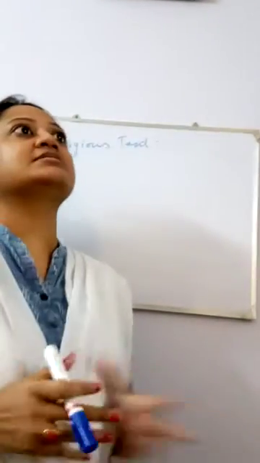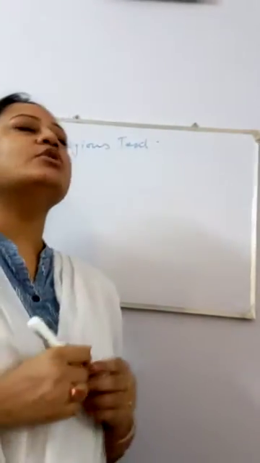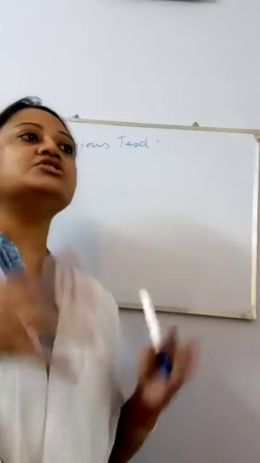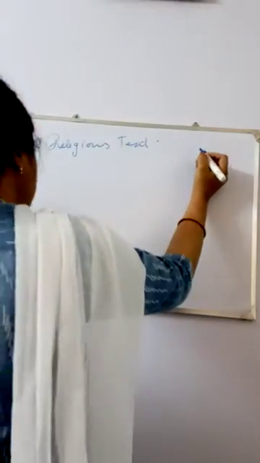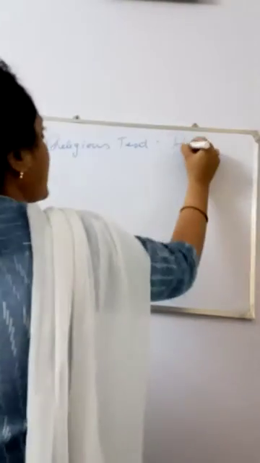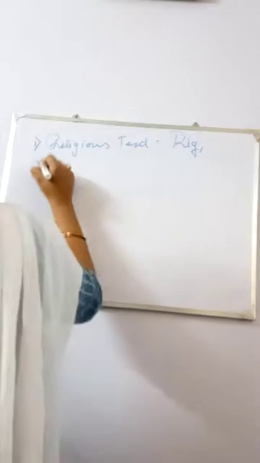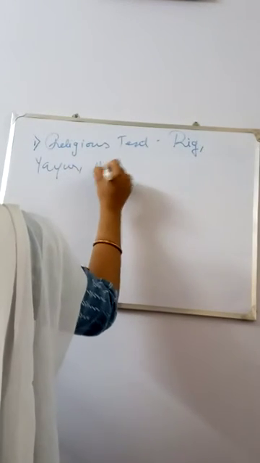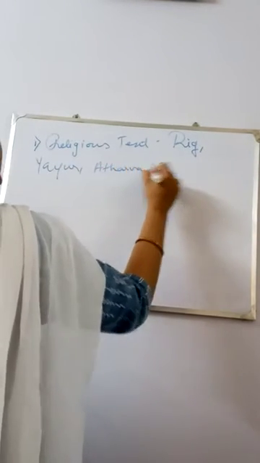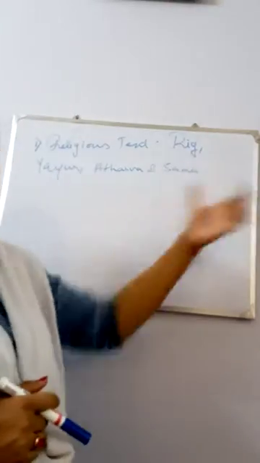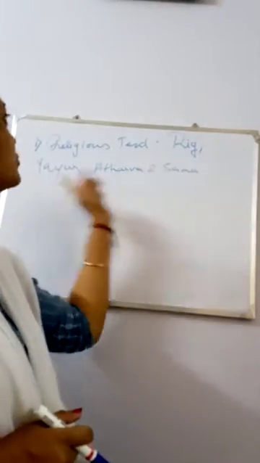Many religious texts, especially Hindu religious texts, are dedicated to the literature, religion and culture of India. The main books we all know are the Vedas. The Vedas are composed of four parts: Rig Veda, Yajur Veda, Atharva Veda, and Sama Veda.